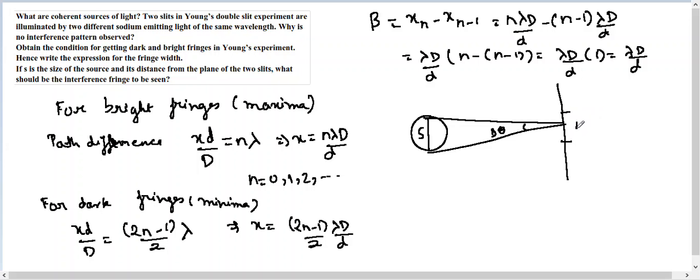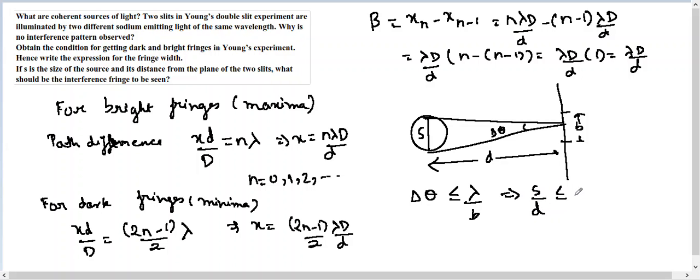This is b, and this distance is small d. So the condition is that delta theta should be less than or equal to lambda upon b. That means S upon D should be less than or equal to lambda upon b. As lambda is less than b, therefore the condition is S should be less than or equal to D.